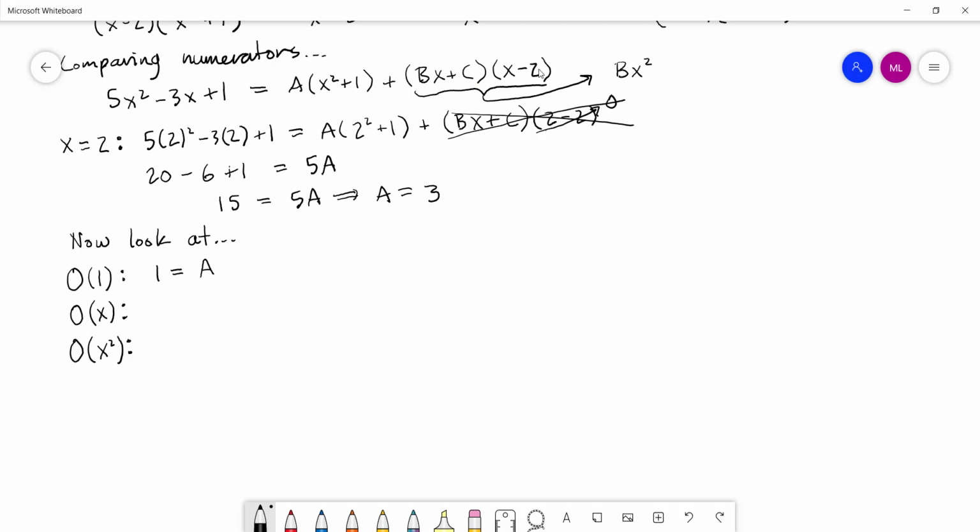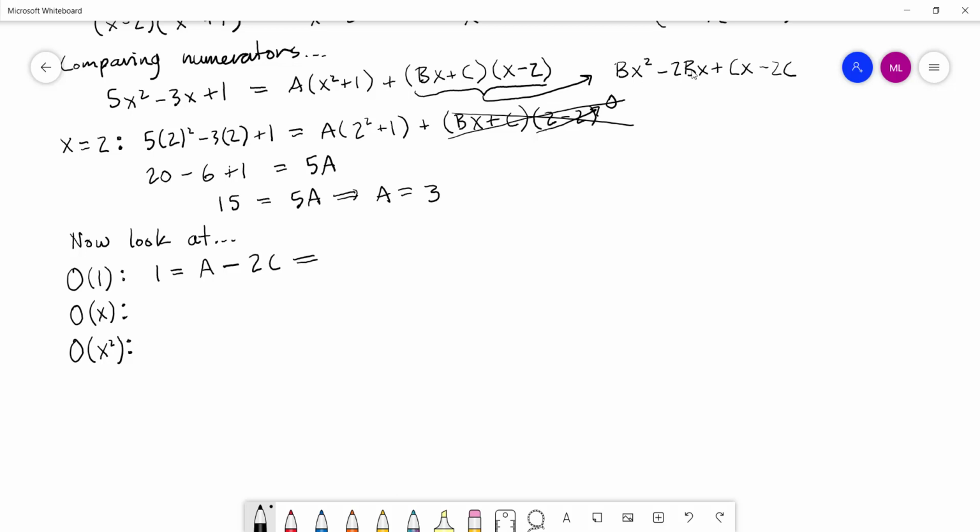We'll get minus 2bx plus cx, and then I'll get minus 2c. So I get a, and the only other constant that I wind up with is minus 2c, from this FOIL.